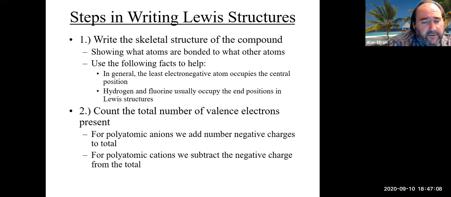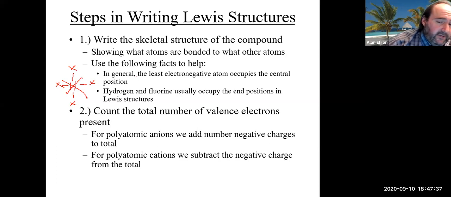With our least electronegative atom in the center, that means that we do not find hydrogen in the center, nor do we find fluorine in the center. We don't find fluorine in the center because, as we just saw, it is the most electronegative atom you could have, so it never usually occupies the center position. And we cannot put hydrogen in the center because if we put hydrogen in the center and it's attached to one or two other things, hydrogen has way too many bonds at this point.